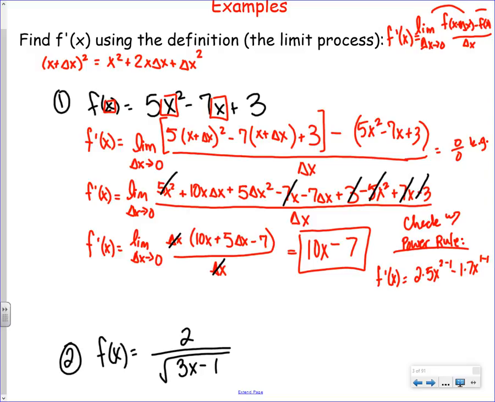You pop down the power, the 2 comes down. 2 times 5 would be 10, and you take the power down 1. So 2 minus 1 is 1 fewer. Pop down the power of 1. 1 times 7 is 7. Reduce the power of x, which would now be x to the 0. And if we wanted to, we could have this be x to the 0, pop down the 0, and the constant.